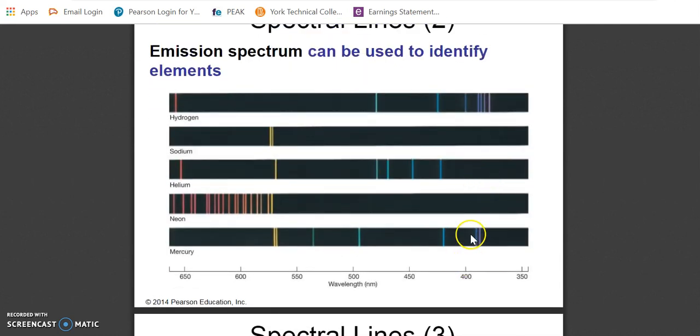Yeah, so anything beyond 400 nanometers, this is 400 nanometers down here, these parts right here cannot be seen with the naked eye, because they're outside of the visible range. Humans can only see from 700 nanometers to 400 nanometers, and anything in between these two is what we can see.